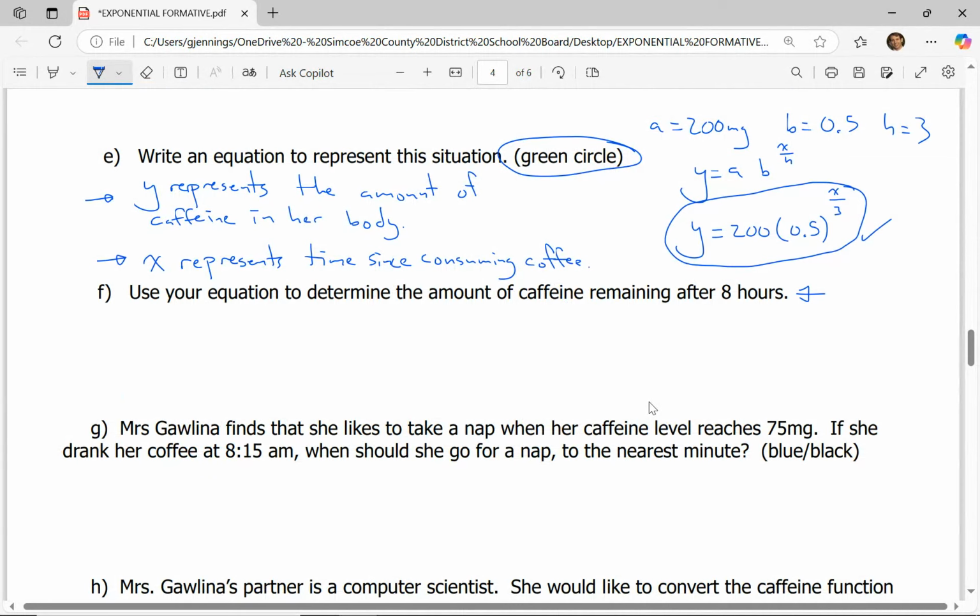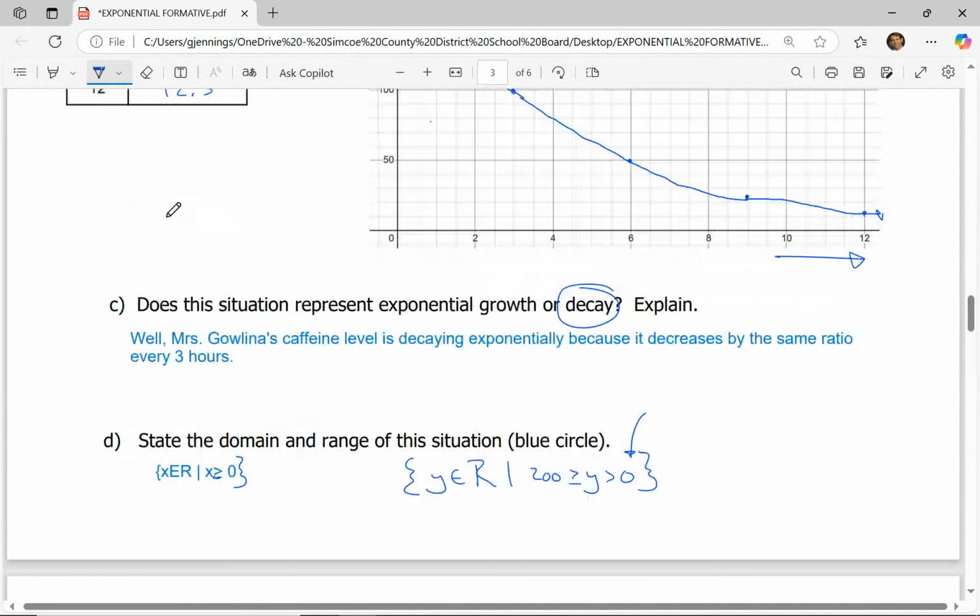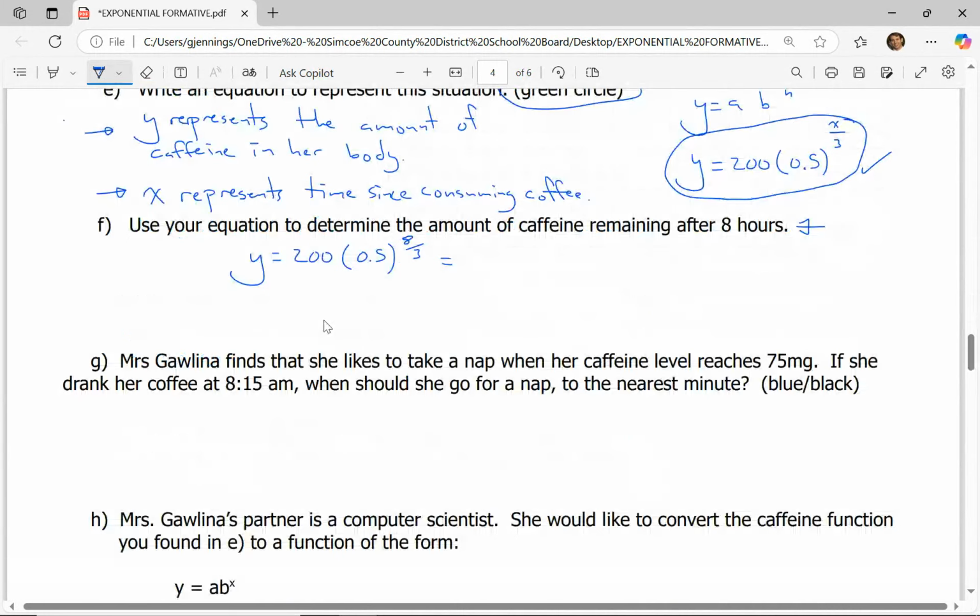We're 8 hours here. So we have a graph. We're expecting just above 25. Like if it were 30, we'd be a little surprised that it was that high based on this graph. Well, it was a little low there, but I'm thinking 28 based on this graph. Let's find out what we get when we crunch it on a calculator.